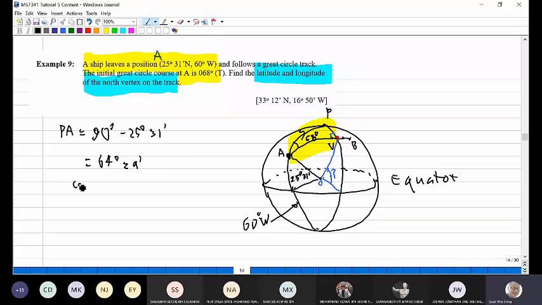This is called the co-latitude of A. Okay, so I have PA, and I know angle V here, 90 degrees.